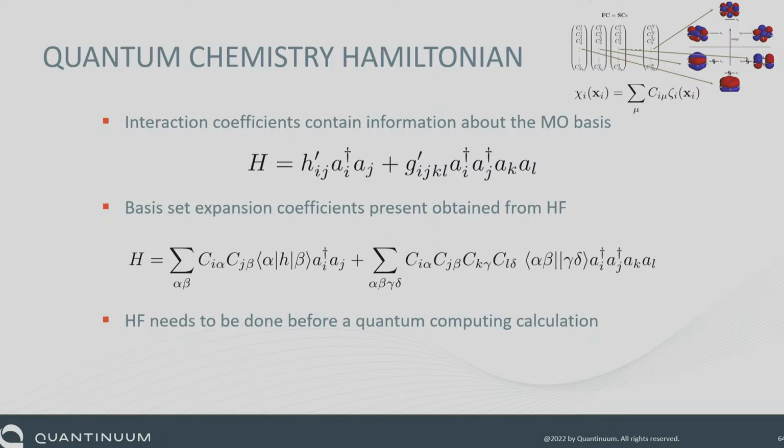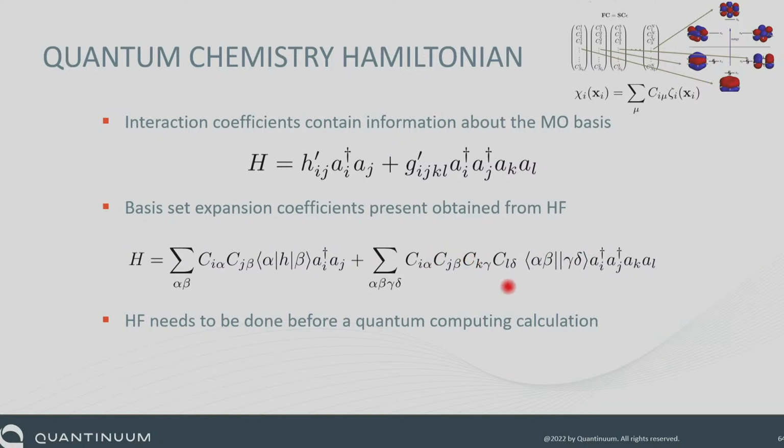So the Hij terms are a rank 2 tensor, and the Gij-KL is a rank 4 tensor of these Gaussian integrals. This double thing is exchange in the Coulomb term.